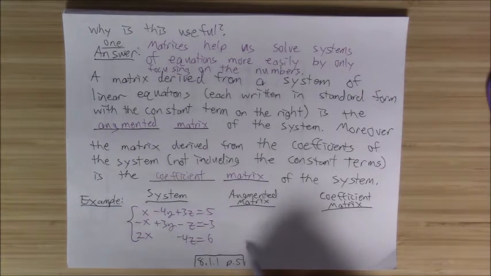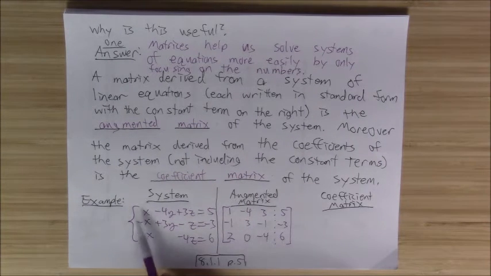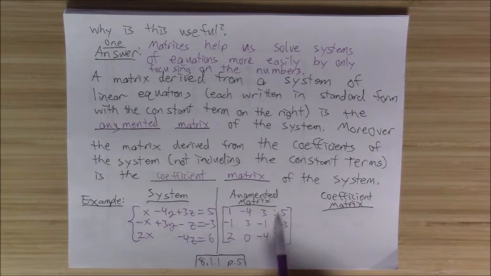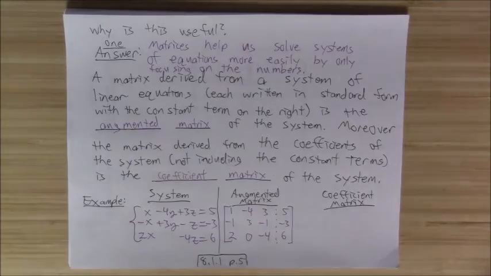We have a 1, then a -4, then a 3, and then a 5 there. We represent the equality sign by putting vertical dots there, sectioning that part off. And then we would have -1, 3, and -1, then -3. Then 2, we account for the 0 y that way, and then -4, and then 6.